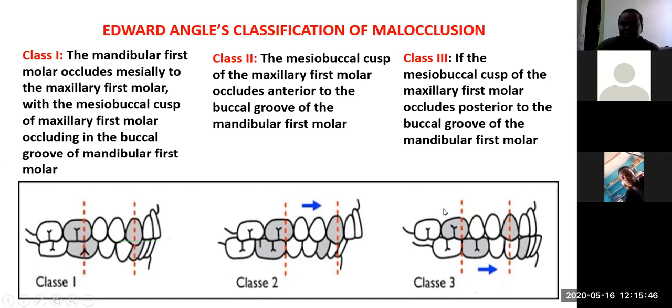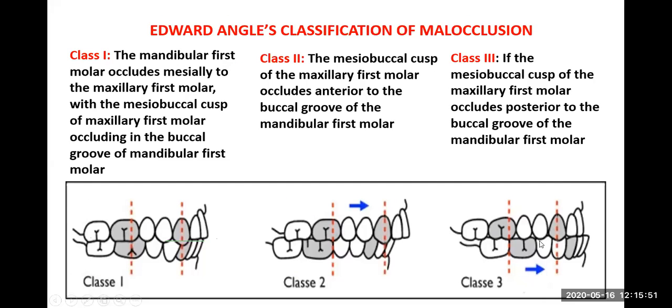Then the third class of malocclusion: you see that the first maxillary molar is almost off the surface of the first mandibular molar. That is class 3. See the definition. Where is the mesiobuccal cusp?